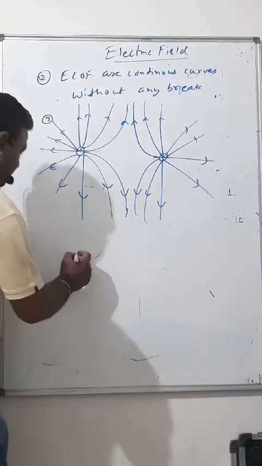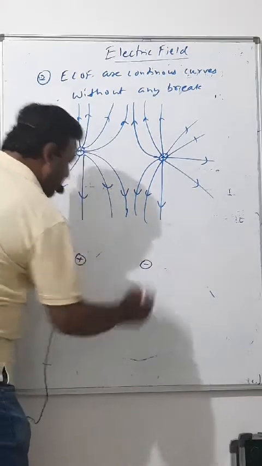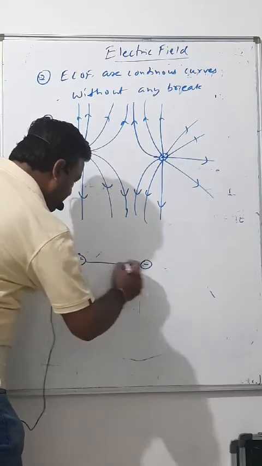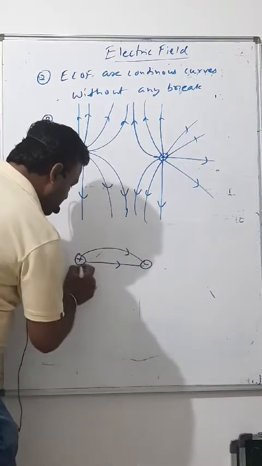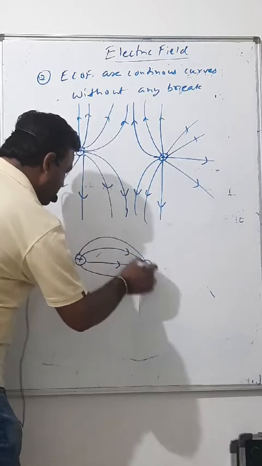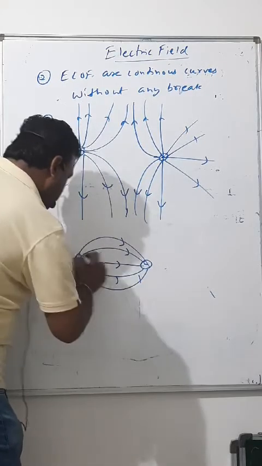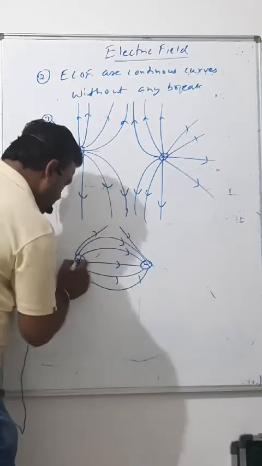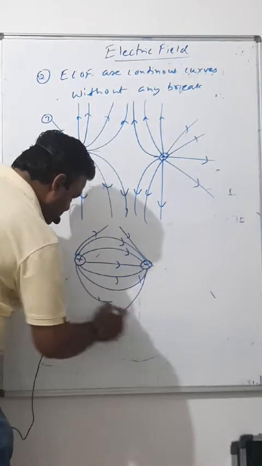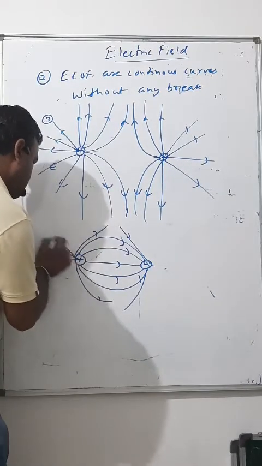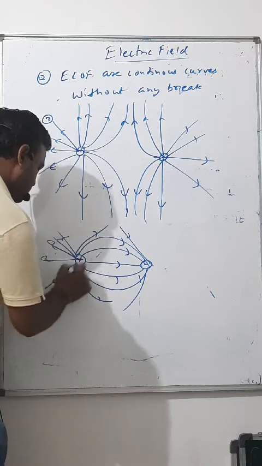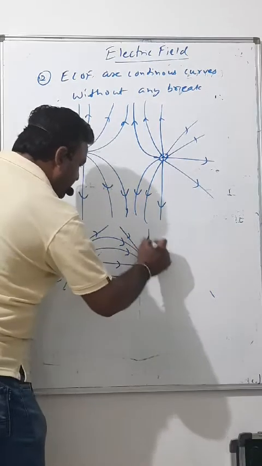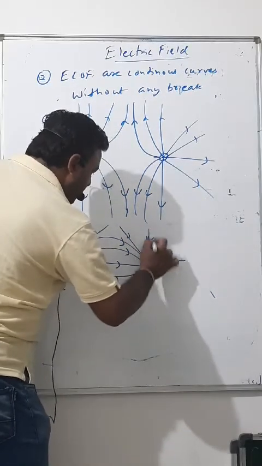And if there is one positive charge and another negative charge, then it will be like this.